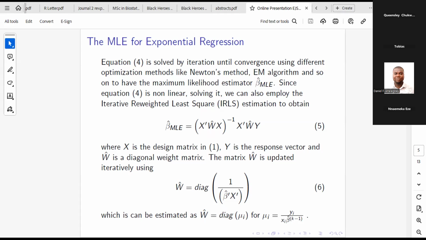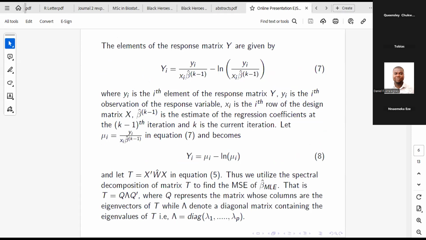Therefore, if we look at equation 6, we would see that for the estimate for the weighted matrix W, we are just getting the elements of the diagonal of that matrix, which can be estimated furthermore when we let mu equal to yi over x bar. That is when we consider each response of the regression.